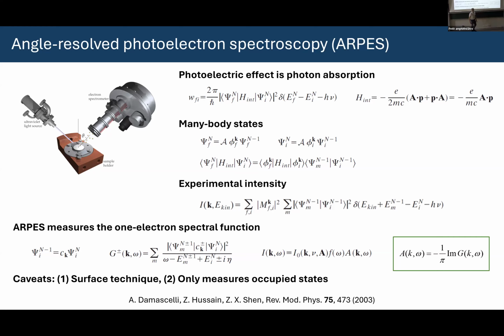But what are nu and A bold? Nu is just the photon energy that you're using. And A is the polarization of that photon beam. It can be linear, horizontally polarized, or circular, and that will change the matrix elements that appear in your interaction.